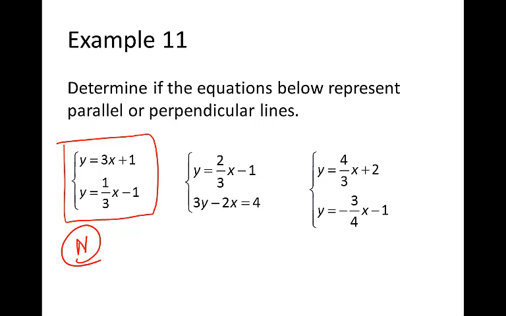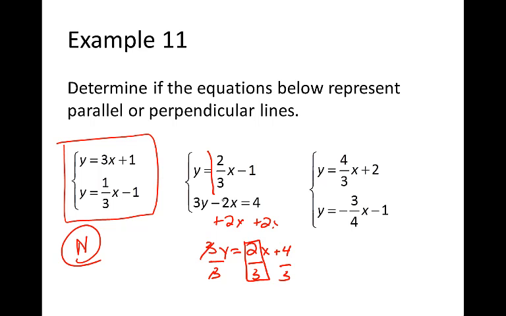What about the second one? I need to solve the second equation through for y, right? So I'm going to add 2x to both sides. I'll have 3y equals 2x plus 4 and divide by 3. Okay, so the slope of the second equation is 2/3.